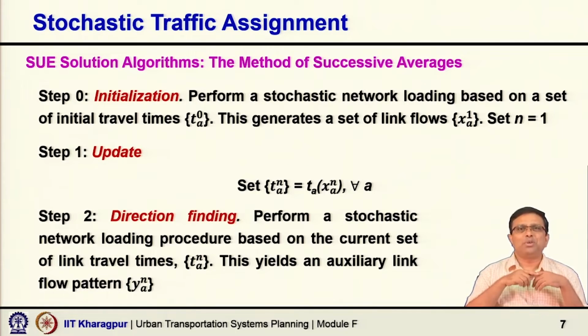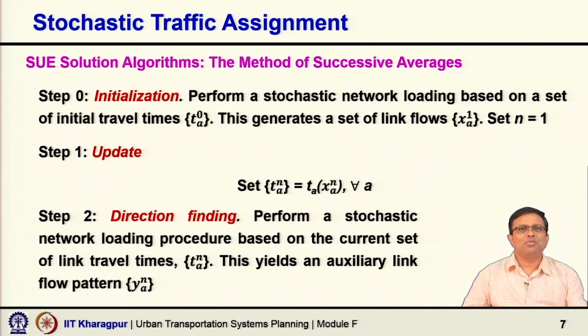But every time we are loading along the current shortest path, just assign every flow there. But in this case, when you are using MSA under SUE, stochastic user equilibrium, then every time the assignment is done, this is stochastic network loading. So, stochastic assignment is done, that is the only difference. The remaining is simple as it was stated earlier.